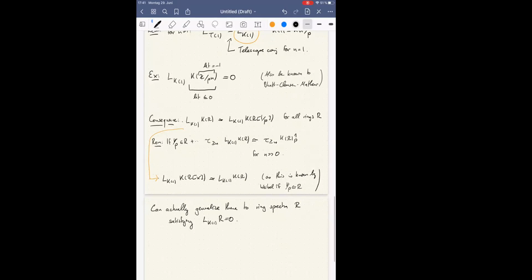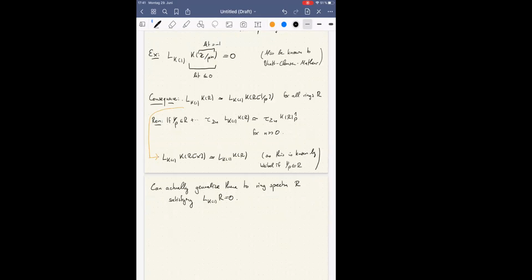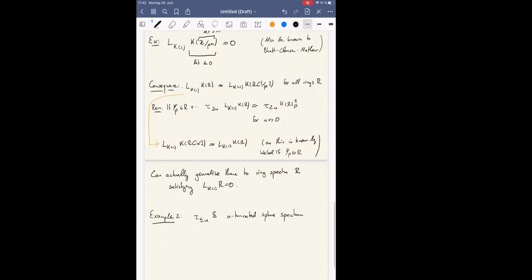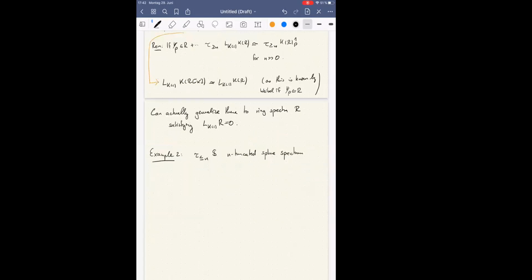Okay, so let me give one more example, and then it's time for the break. We can look at the n-truncated sphere spectrum. This means we kill all homotopy groups above n, so we just have homotopy groups in the range from 0 to n in the sphere.